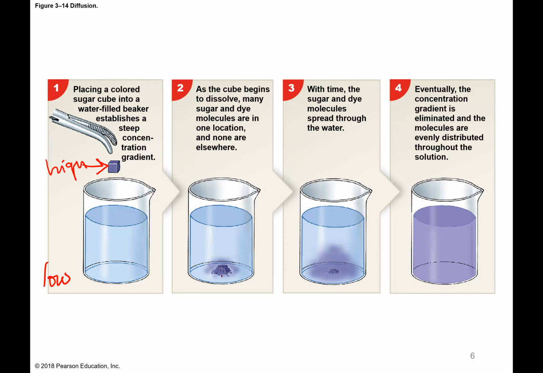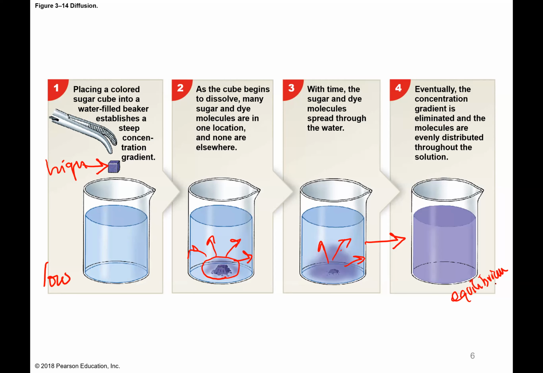So as the sugar cube dissolves, we have a high concentration of sugar right here, and those molecules start to spread out to fill up the space that they are in. And so they are spreading through the water, as you can see in this picture here, until eventually you have reached equilibrium, which means you have eliminated the concentration gradient.